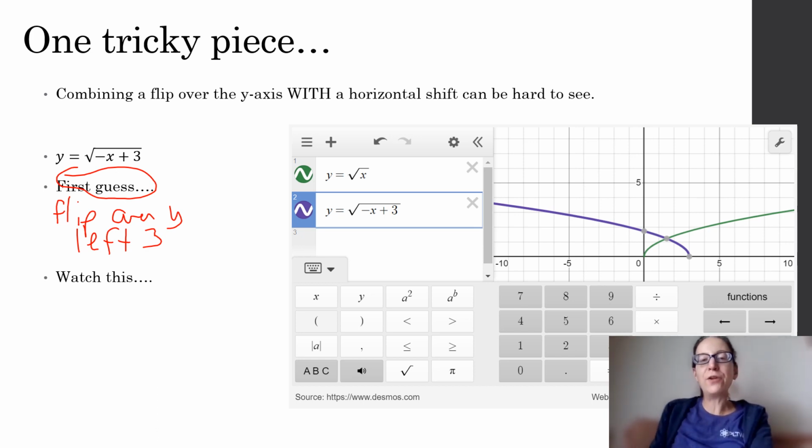And I do want you to notice something, because when something like this happens, we want to be curious, right? So watch what happens when I delete that negative. Okay, notice that now it is a shift to the left. So just the x plus 3 shifts it left.